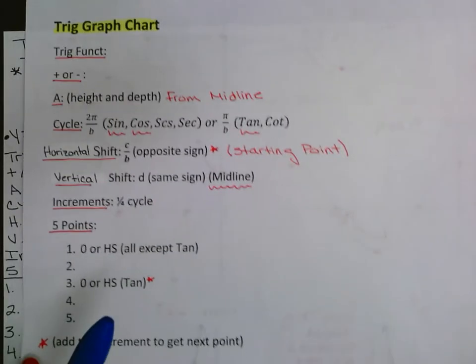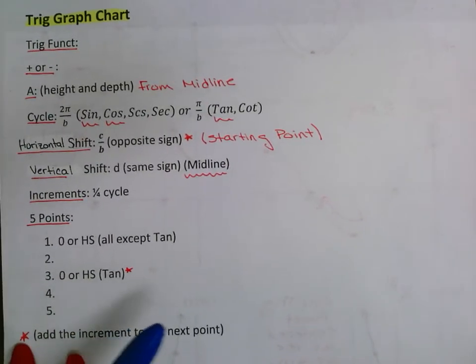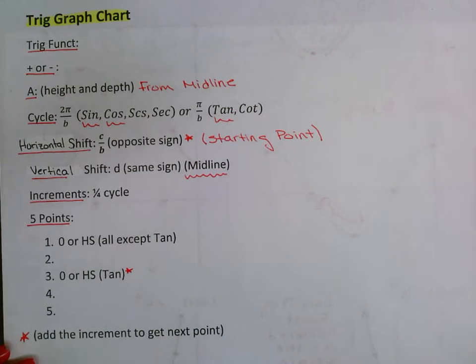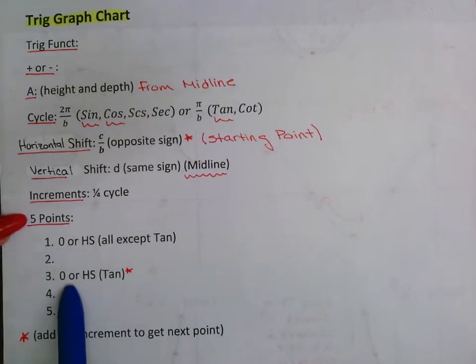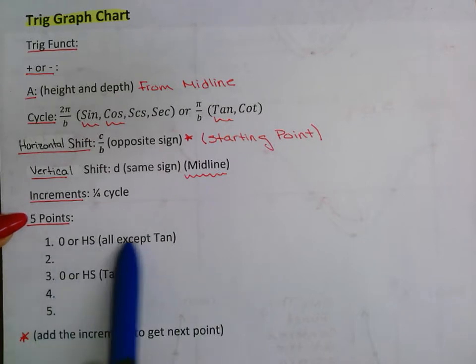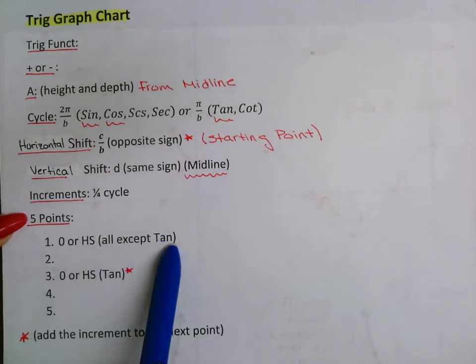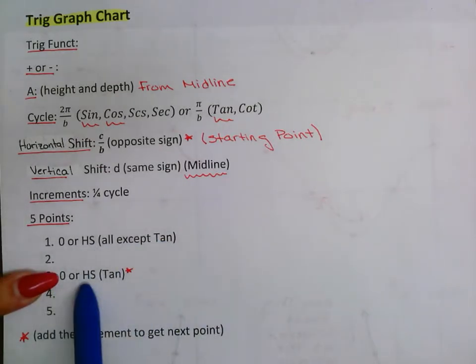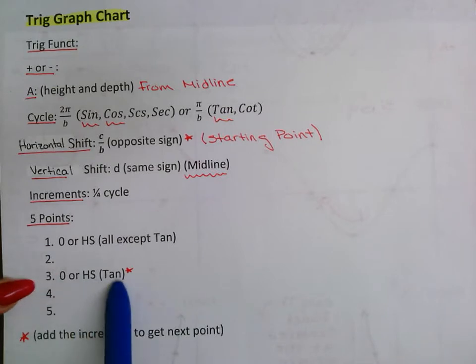So what does that mean for our chart? Exactly. So either 0, or if we have a horizontal shift, when we do tangent specifically in our 5 points, instead of going to point 1, so it says all except for tangent, we'll put our 0 or horizontal shift on point 3. This does not apply for cotangent, only tangent.